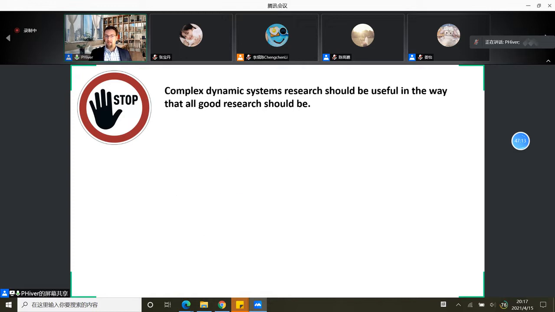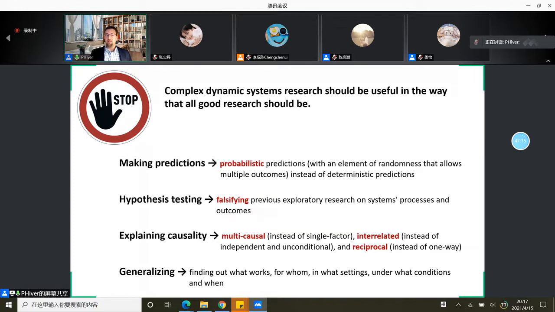In fact, complexity theory research does enable us to make probabilistic predictions. And complexity theory research is well suited to hypothesis testing. For example, it allows us to falsify previous exploratory research. Complexity research also takes a unique perspective on causality, and it explains causality in ways that are multi-causal, interrelated, and reciprocal in nature.